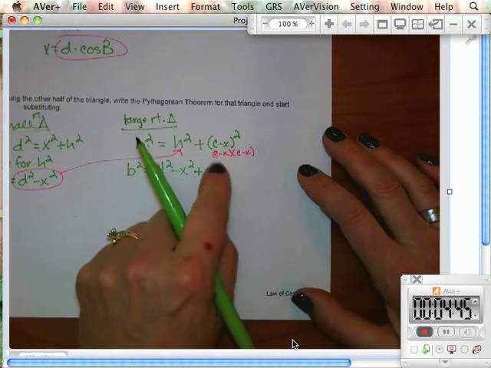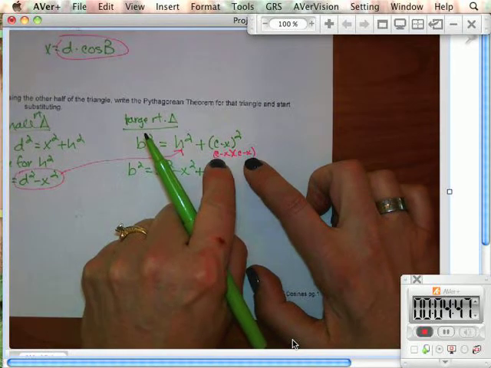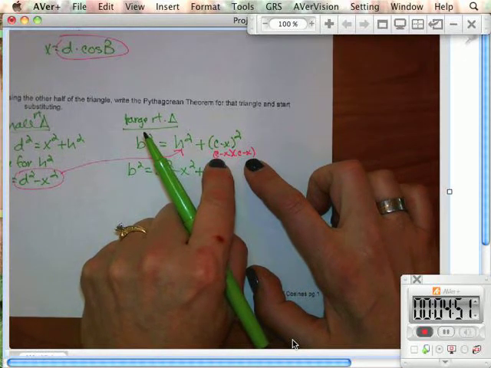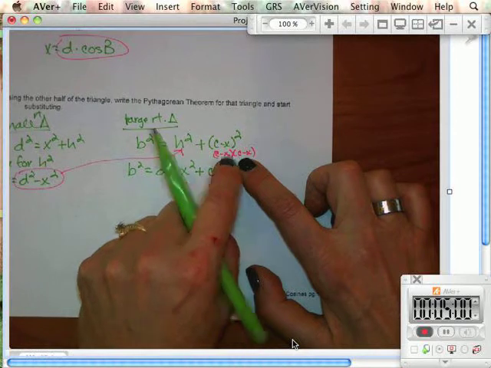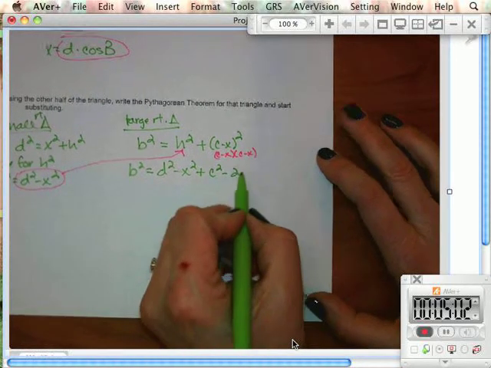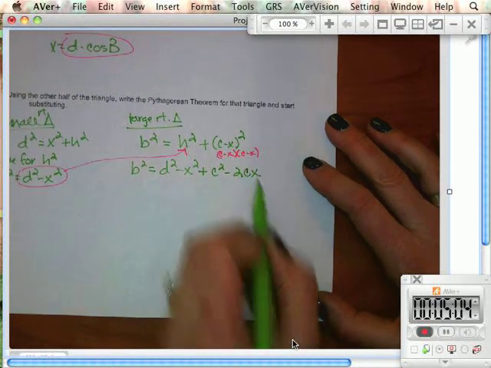Then we do C times negative X, which should be just negative CX, and we're going to combine that with another negative CX. So how many CX's do I have? Yeah, minus 2CX or XC. It doesn't really matter how you write it.